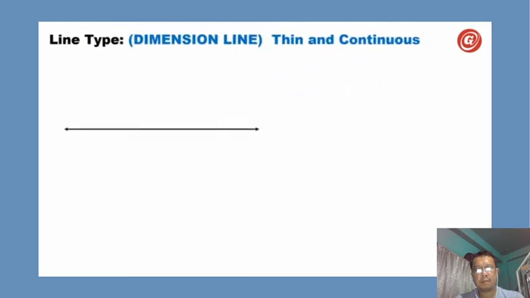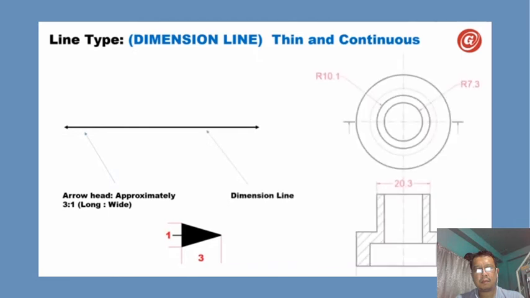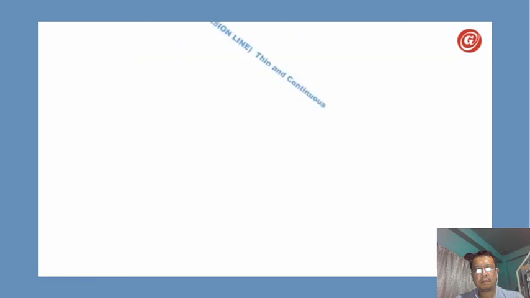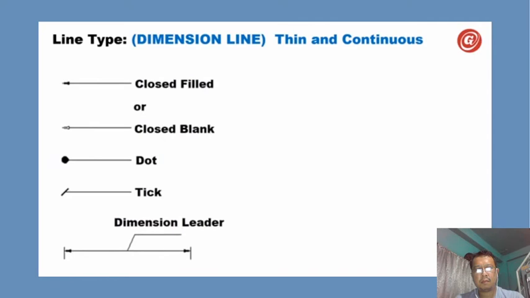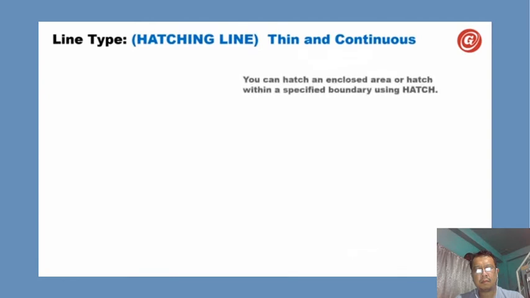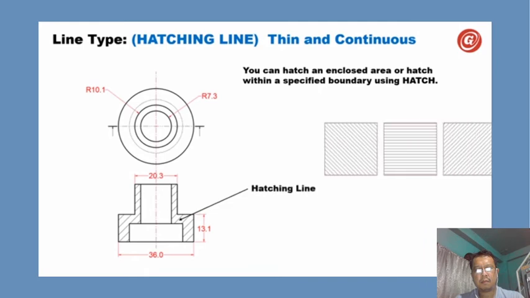Dimension line. It is a thin continuous line used to indicate dimensions of an object. Hatching line. It is a thin continuous line used in different patterns representing the types of hatch.